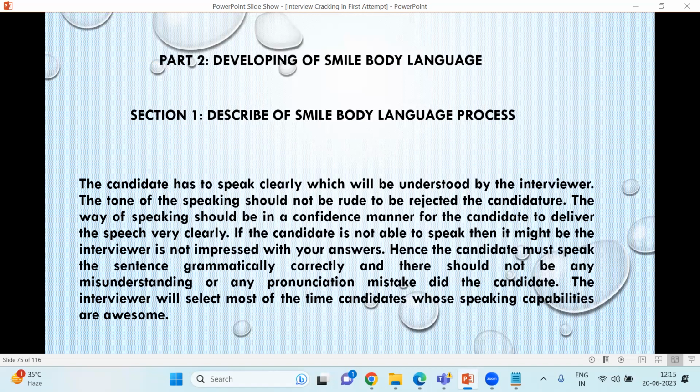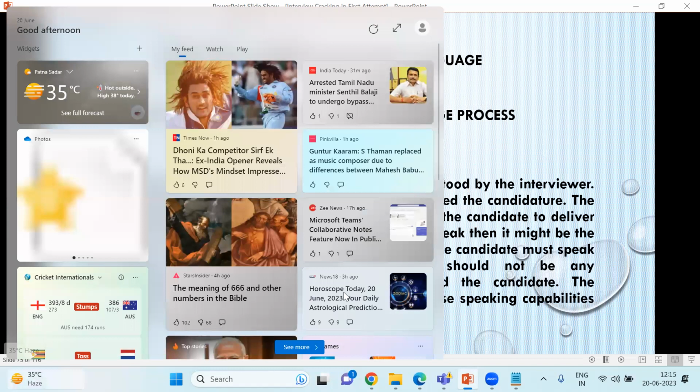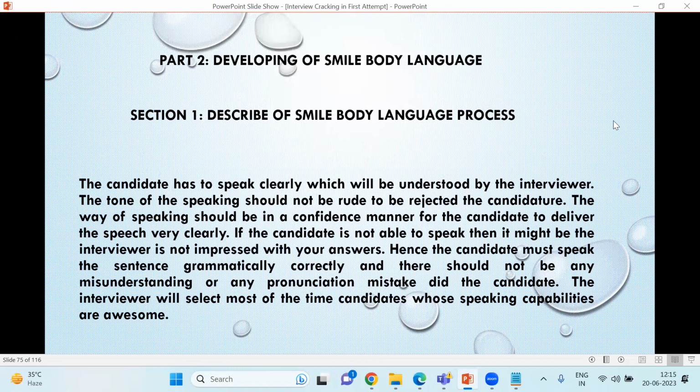It should be very clear and clean, with proper pronunciation, and the language should be grammatically correct. There should not be a hurry to speak, and it should not be rude speaking in front of the interview panel.